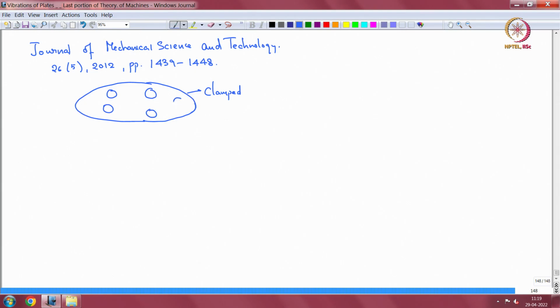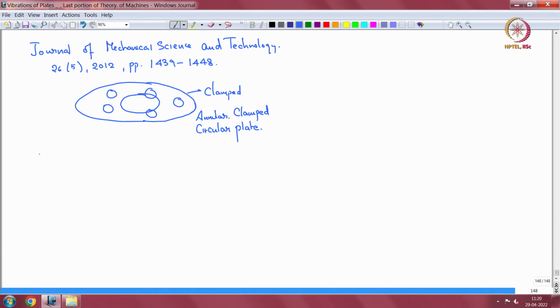We will not worry about the multiple holes, but we will consider one central hole, which makes it an annular plate, an annular clamped plate, let's say a clamped circular plate. The method is exactly the same.